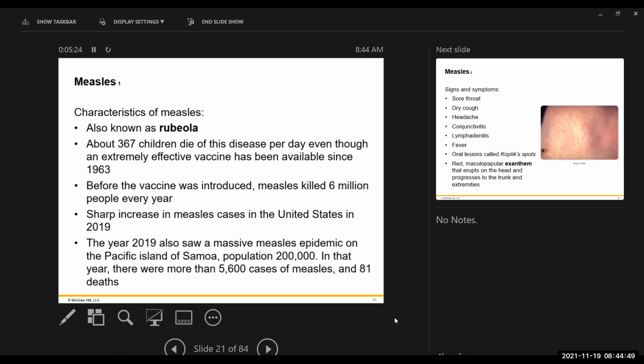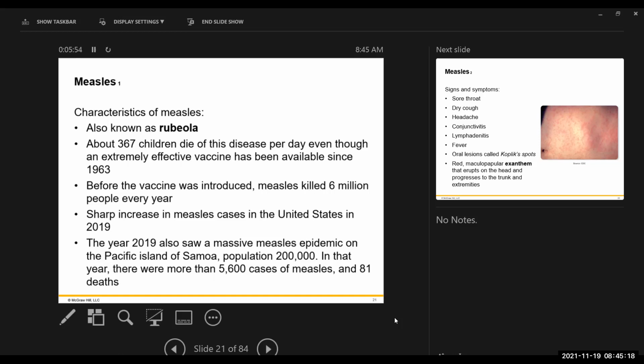Coughing, conjunctivitis, and coryza, or runny nose and runny eyes. In addition, if you look inside the mouth, you'll see red spots with white centers on the oral mucosa.